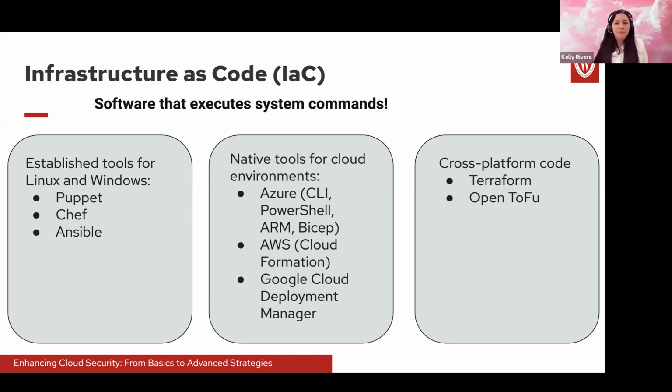Terraform and OpenTofu are two popular tools that work to provision infrastructure in many of the cloud provider environments. These are just some of the tools that help automate the deployment, configuration, and management of servers and other infrastructure, which can significantly reduce the potential for human error and increase efficiency in operations.